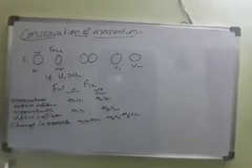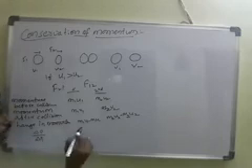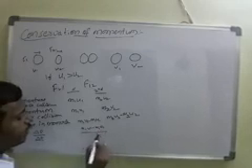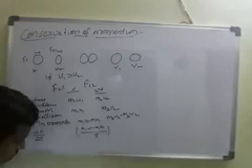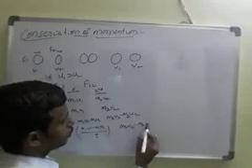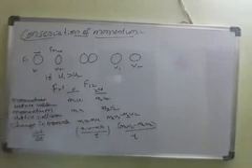So the rate of change of momentum, delta p by delta t, is equal to (m1 v1 minus m1 u1) by t, and similarly (m2 v2 minus m2 u2) by t. According to Newton's third law of motion, the force exerted by the first marble on the second is equal to the force exerted by the second marble on the first, but in the opposite direction.